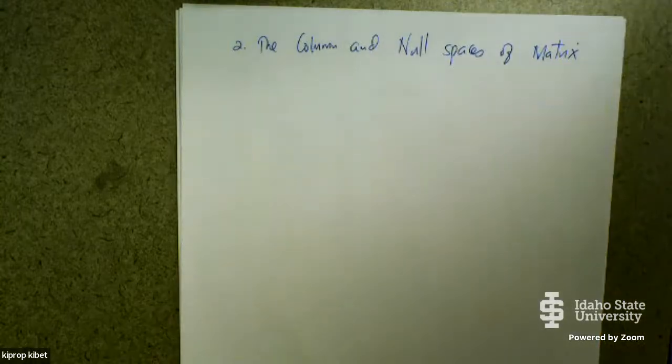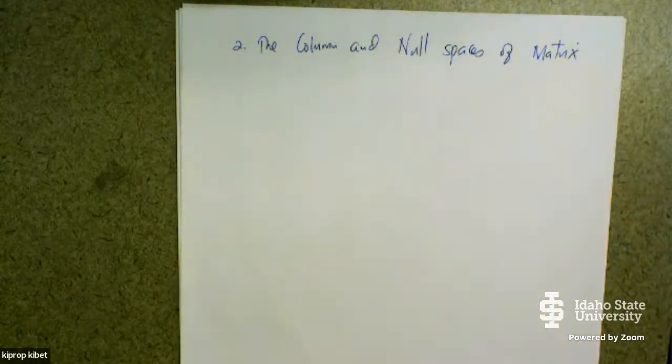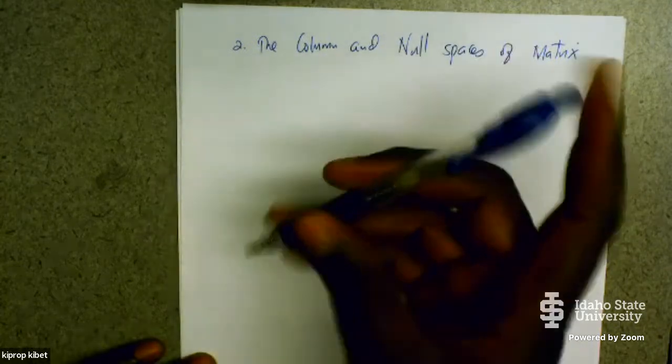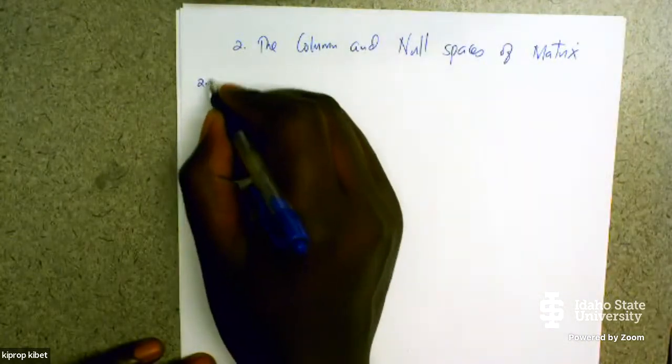Okay, let's start from this section. It's called column space and the null space of a matrix. It's not very hard. So let's start from the column space section.